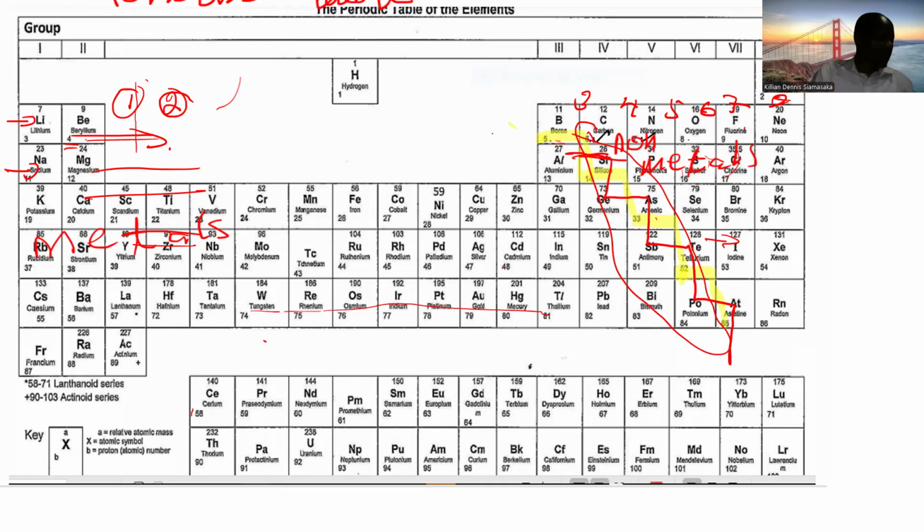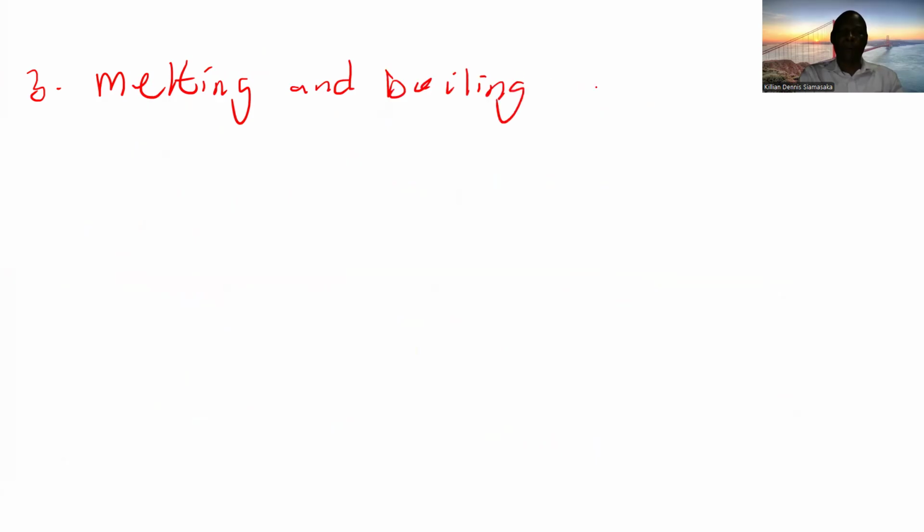And then we can look at the melting point and boiling point. The melting point decreases down the group.